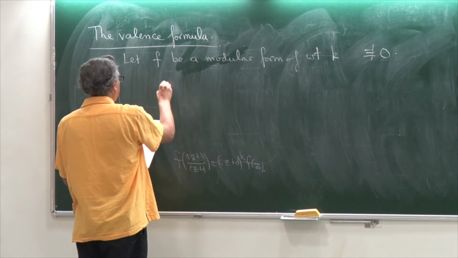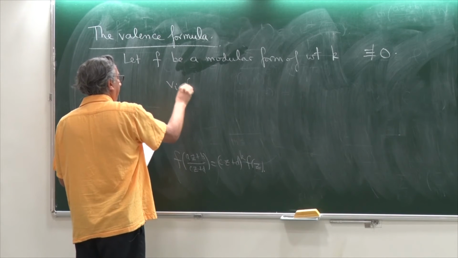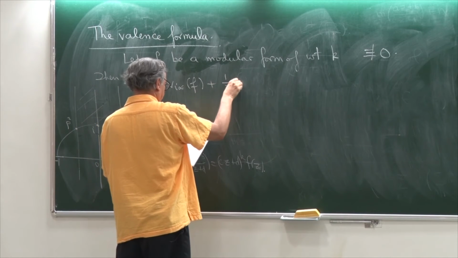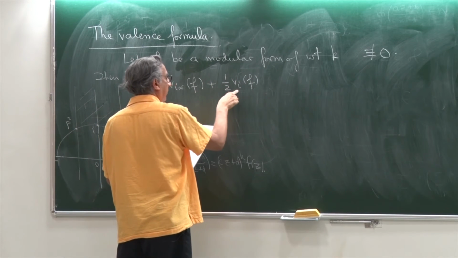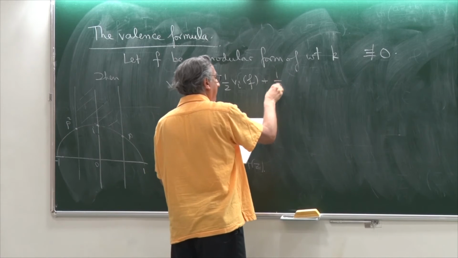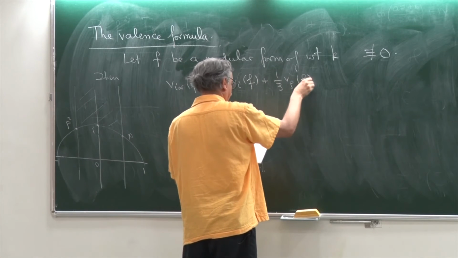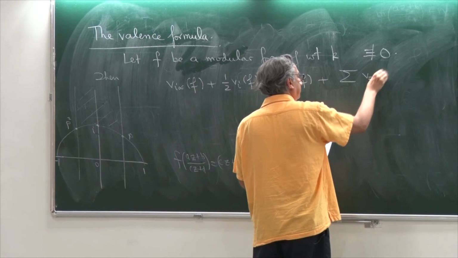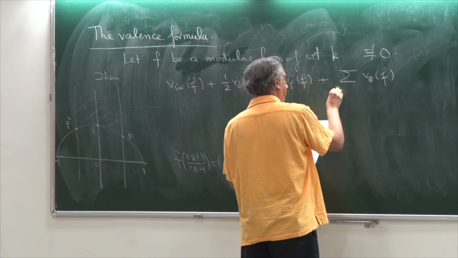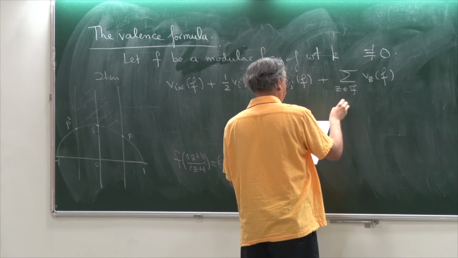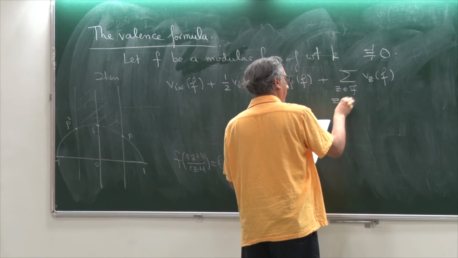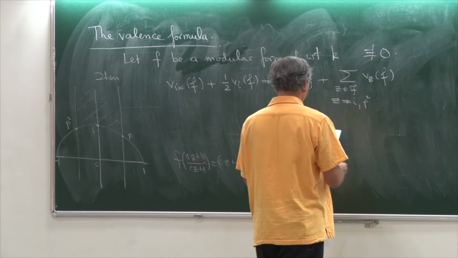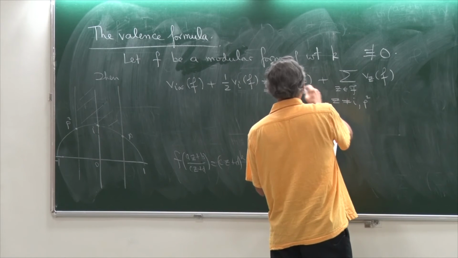So focusing on the fundamental domain, we have this formula: the order at infinity of f plus 1/2 the order at i of f, where i is the square root of minus 1, plus 1/3 the order at rho of f, plus all the other zeros' orders, here in my notation I've got rho squared.